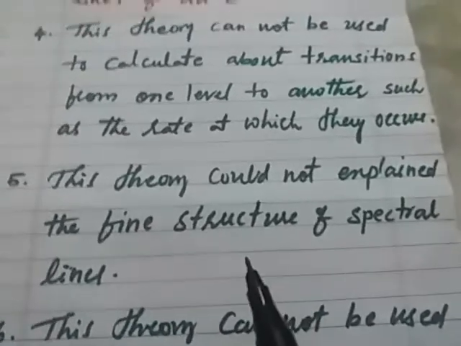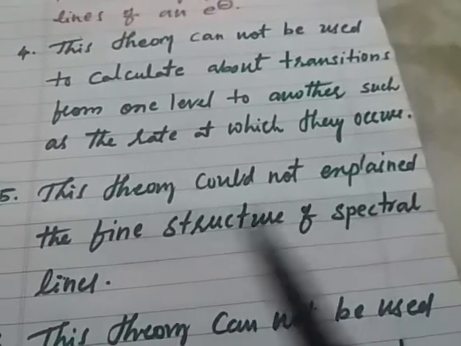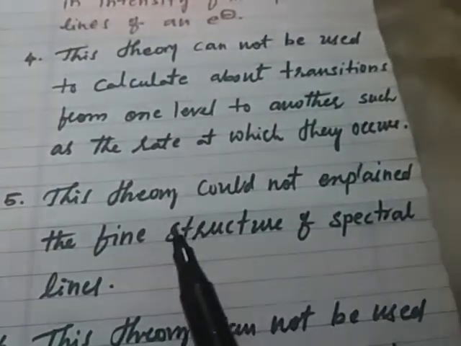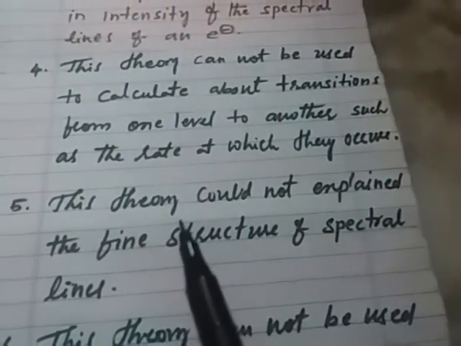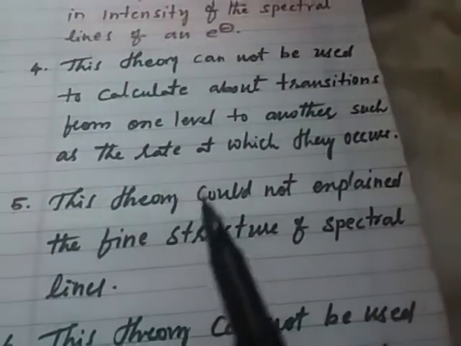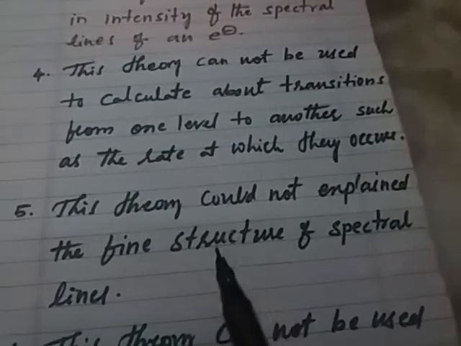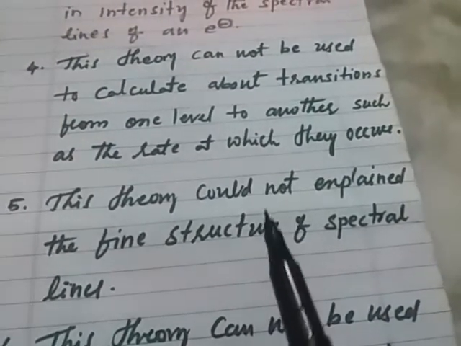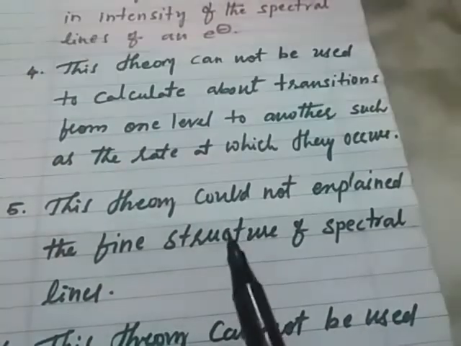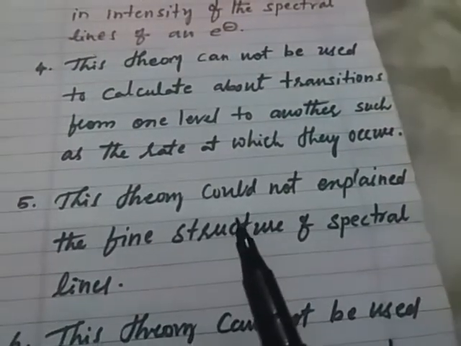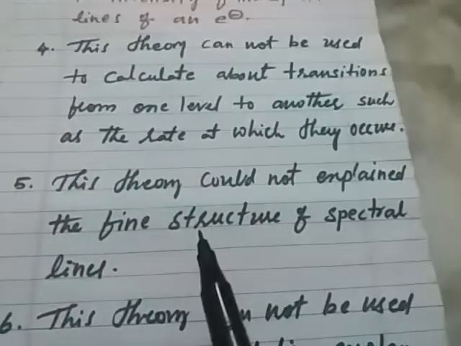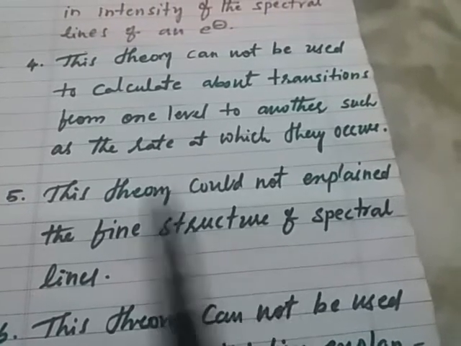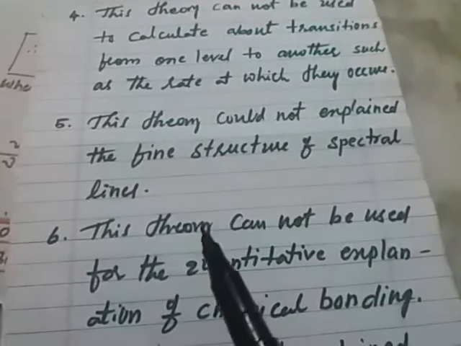The Bohr atomic model explained only the spectral lines of the hydrogen atom, such as the Lyman, Balmer, Paschen, Brackett and Pfund series. But in those, further fine spectral lines are produced, which are not explained by the Bohr atomic model.